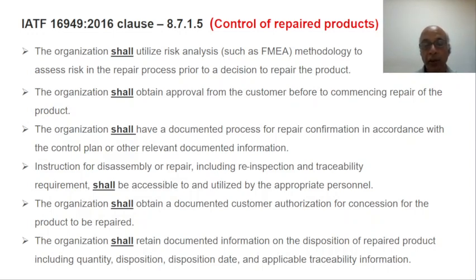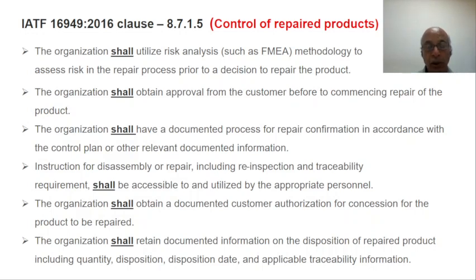Now the organization shall obtain a documented customer authorization for the concession for the product to be repaired. Because you have to take a limited approval, limited quantity approval or limited time approval to carry out the repair activity.